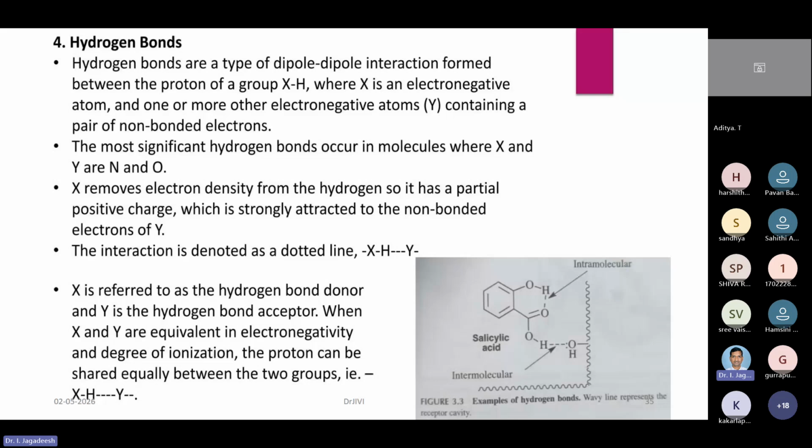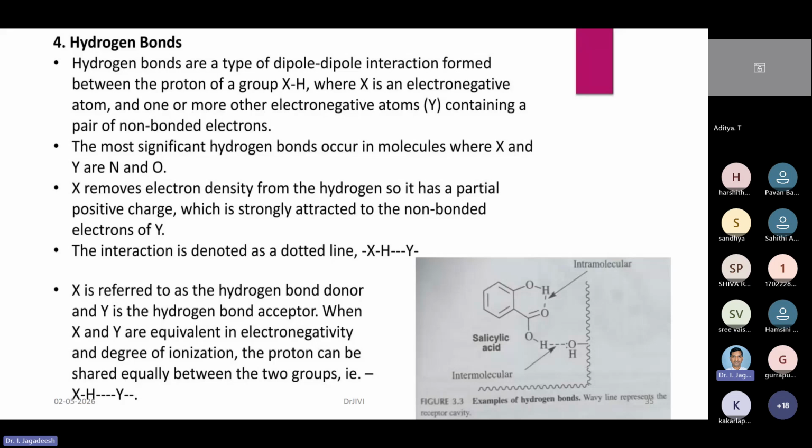You need to remember that this can happen intermolecularly or intramolecularly. Sometimes there is an intramolecular hydrogen bonding interaction that improves the lipophilicity, which we saw yesterday. X is referred to as the hydrogen bond donor, where we have an H plus, and Y is the hydrogen bond acceptor.